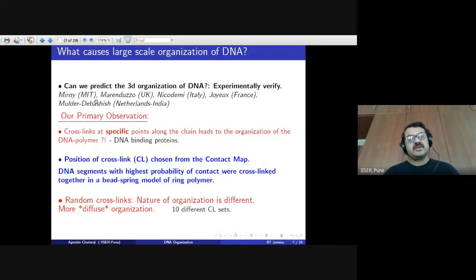So what my experimental colleagues did in 2016 is walk into my room and say, if I give you data like this, chromosomal contact maps like the one I showed here, can you predict the 3D organization of the DNA, which can later be experimentally verified? I'm not the only person working on this problem. There are folks from MIT, a UK group, a European group, including Debashish, who just gave the talk before me, who are working on such problems.